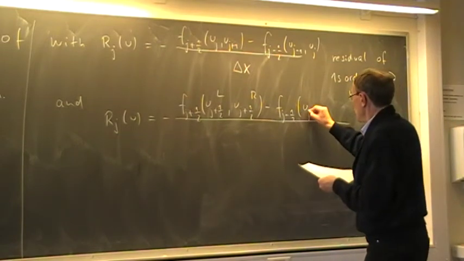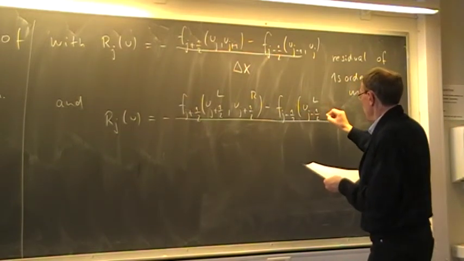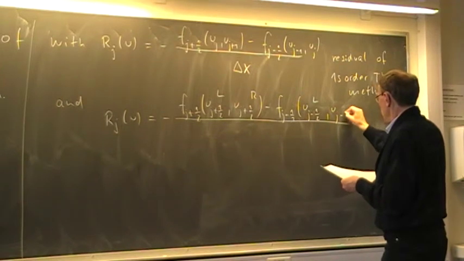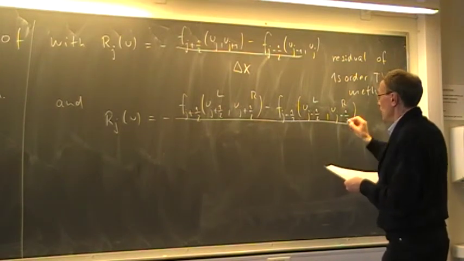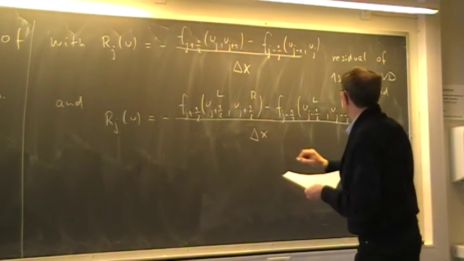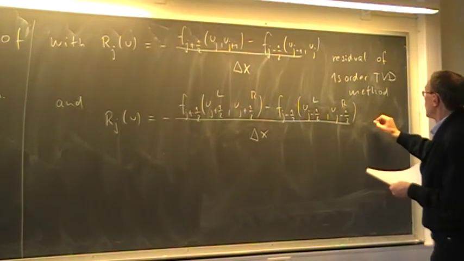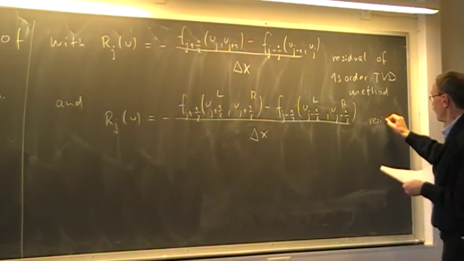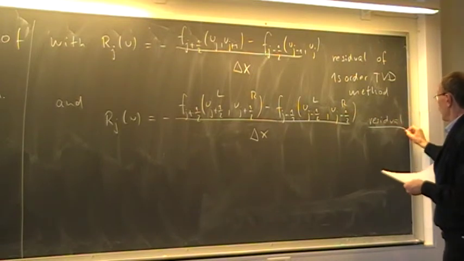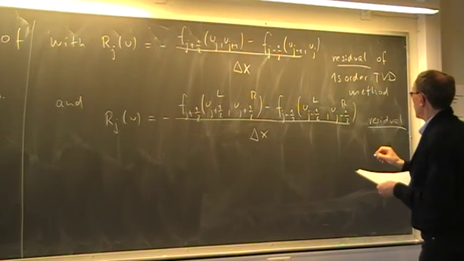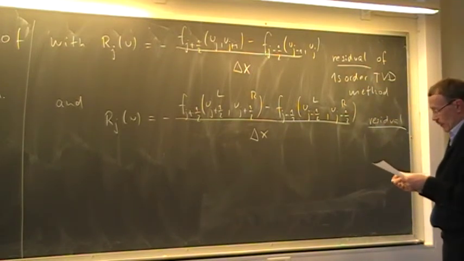So the u at j minus 1/2 left and the u at j minus 1/2 right, divided by delta x. So that would be the residual of the higher order TVD method.